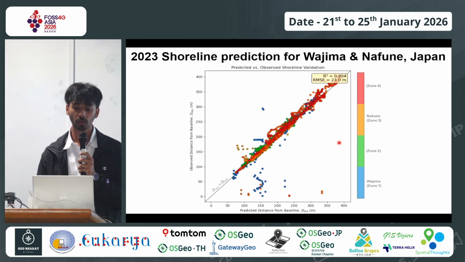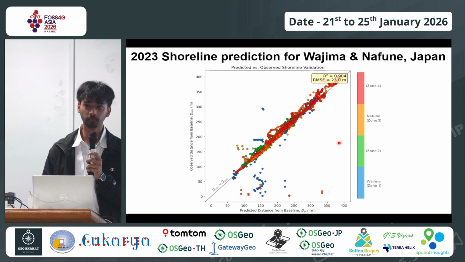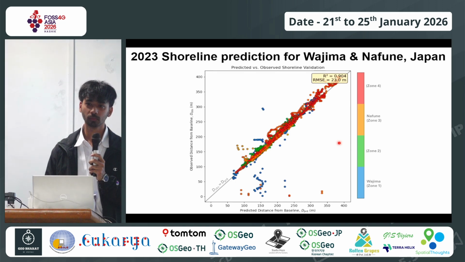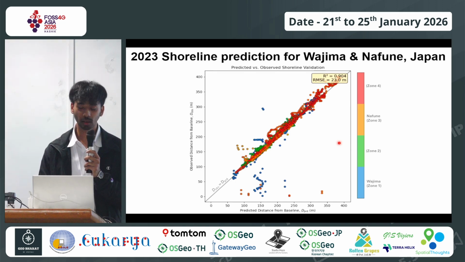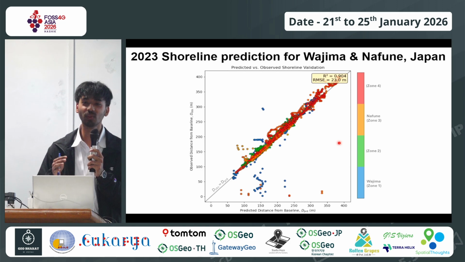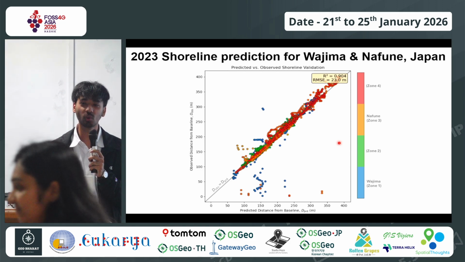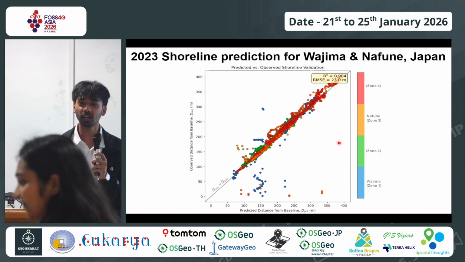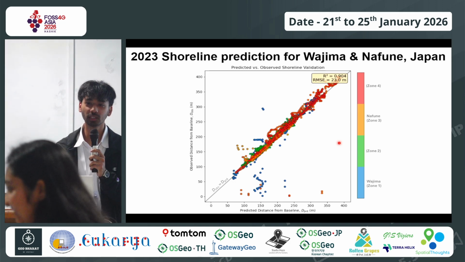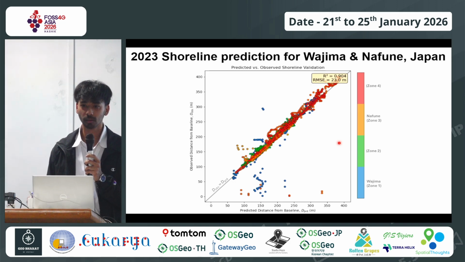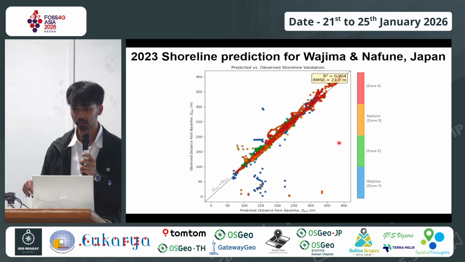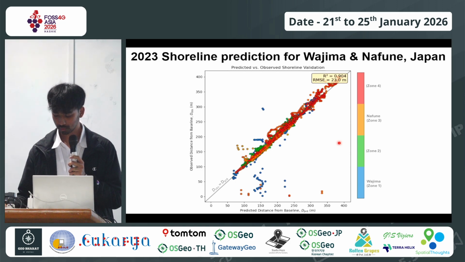So in terms of prediction, say for example 2030, how accurate would your prediction be? Yeah. So for 2030, to validate it, we won't be having the shoreline for 2030. So that's why I've done it for 2023 to do the validation. Yeah, validation won't be applicable. Niels Bohr said that prediction is very difficult, especially about the future.